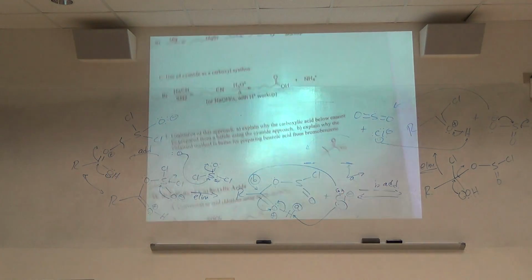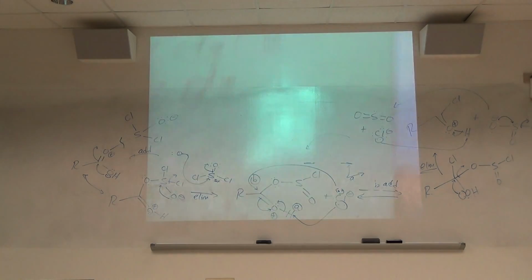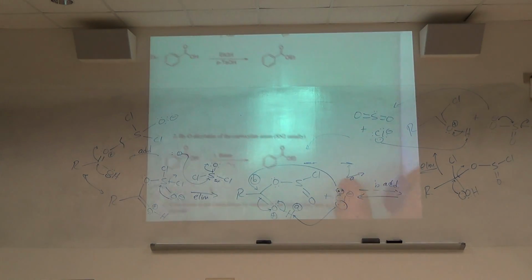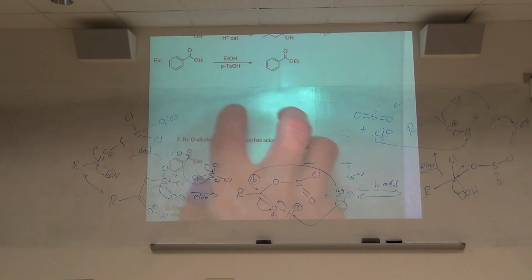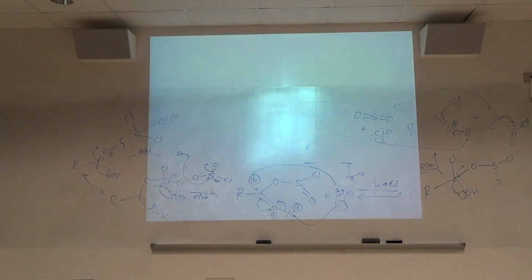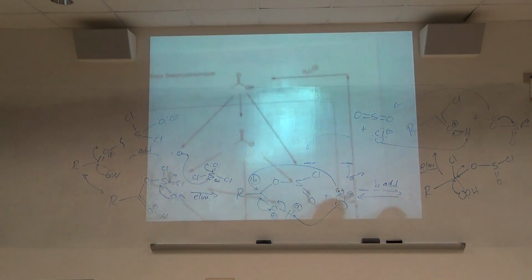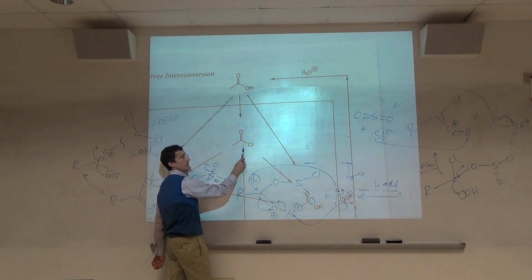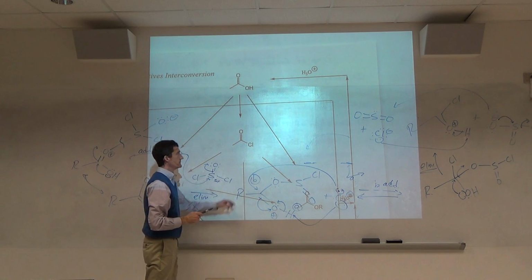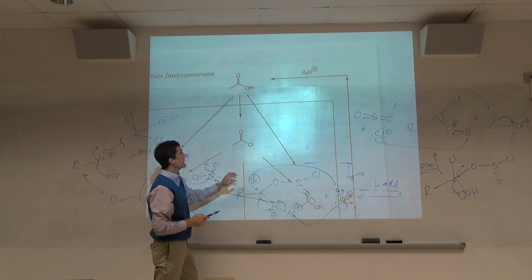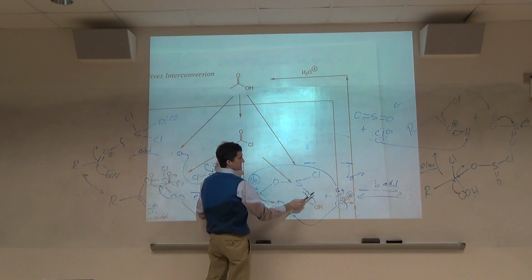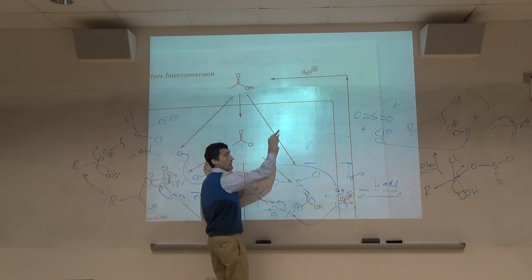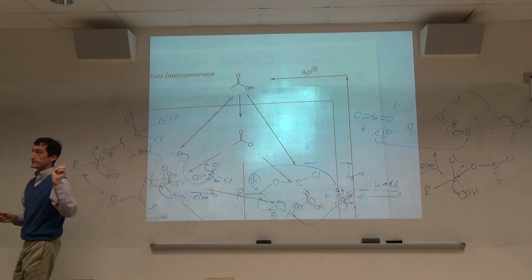Let's see. So, next we'll do conversion to esters. So, what did we just do? We just showed how to convert an acid to an acid chloride. Now you can put a reagent on that line. Next we will show how to convert this to esters. Okay? So that's kind of your organization there.